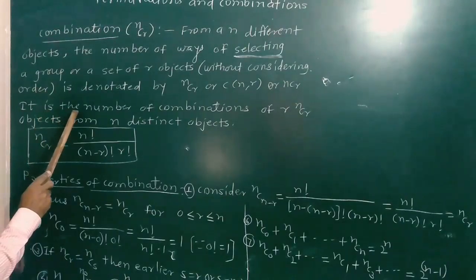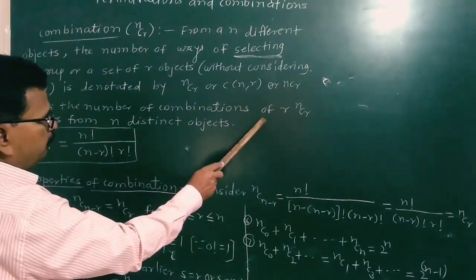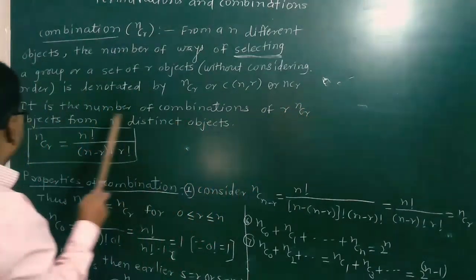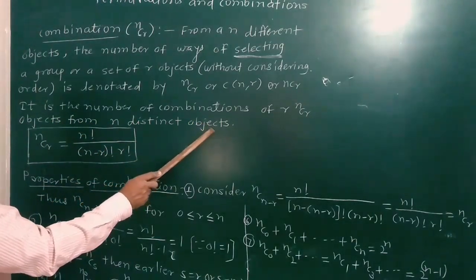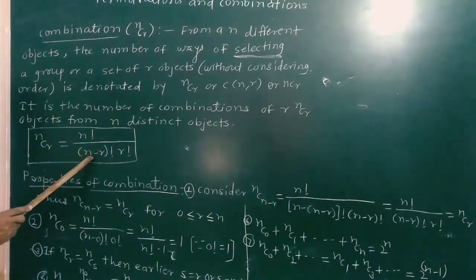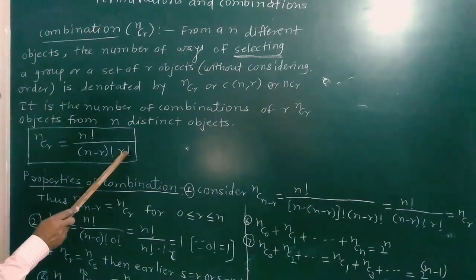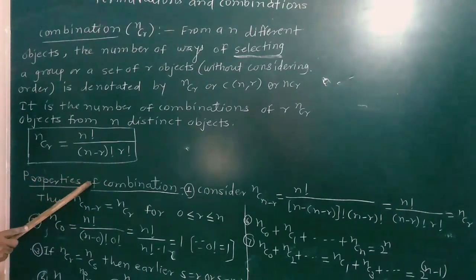It is the number of combinations of r objects from n distinct objects. nCr is equal to n factorial upon (n minus r) factorial into r factorial. Properties of combination.